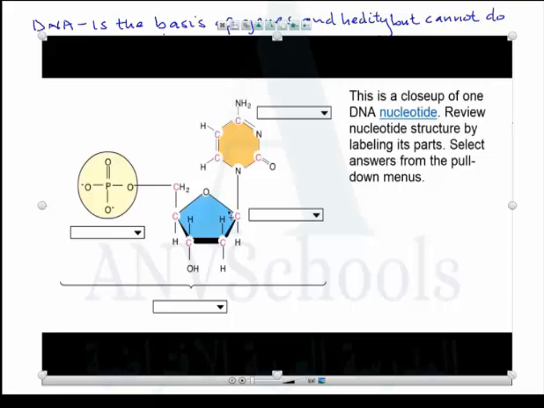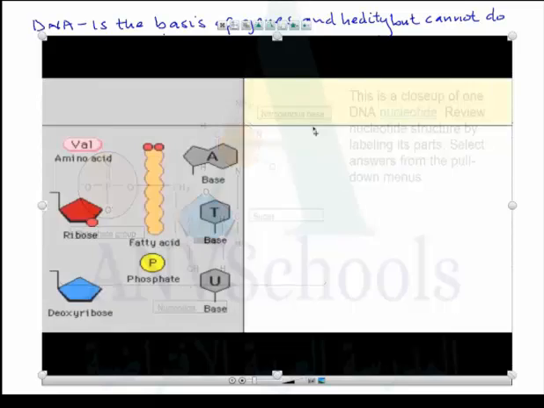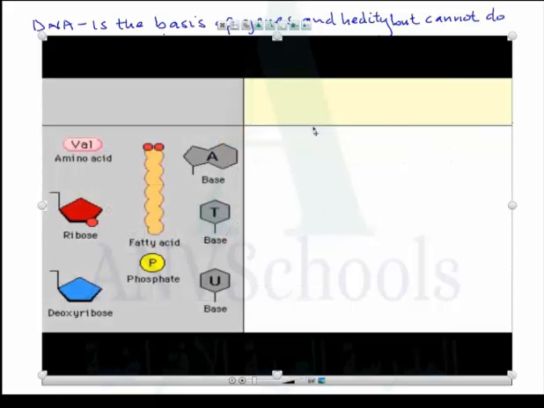If we look carefully here, this is the structure. This one is the phosphate group, and this is the nucleotide, and this is the sugar, and we are having the nitrogen base.